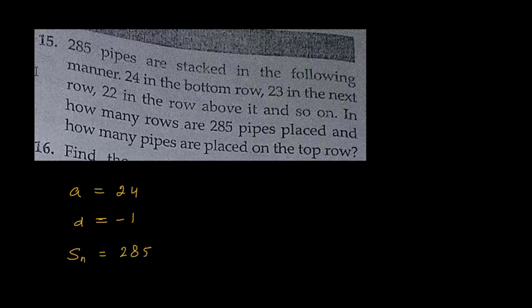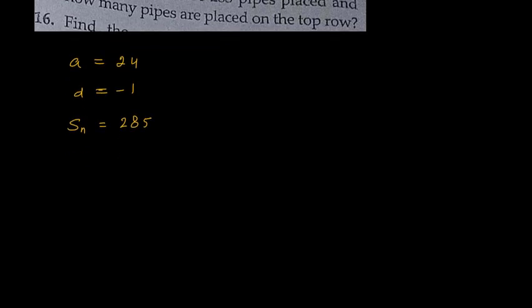You have to find how many rows there are, and you have to find how many pipes are at the top. So n is the question mark and an we have to find out. Okay. Now a and d are given, so let us apply the formula for Sn.